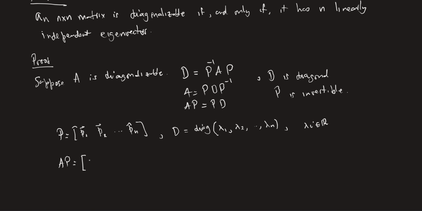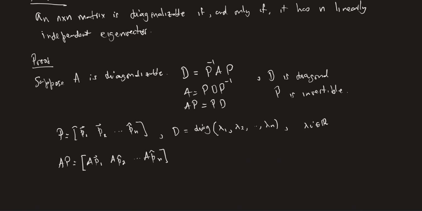It's basically A times P1. Then do the same thing, take all the rows of A and multiply the second column, so you'll have A times P2, and then dot, dot, dot, A times Pn. This is really just the symbolic way of representing what we do when we multiply two matrices.